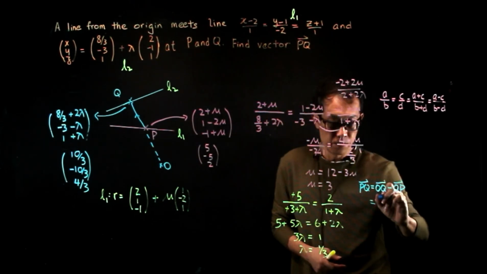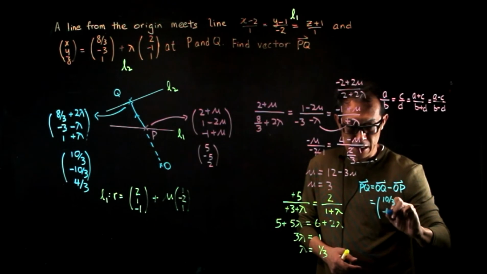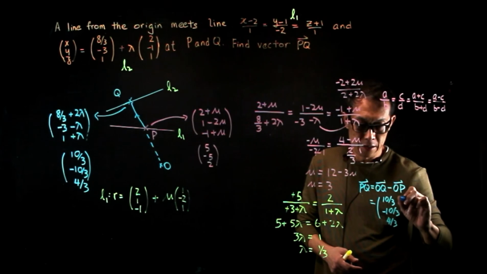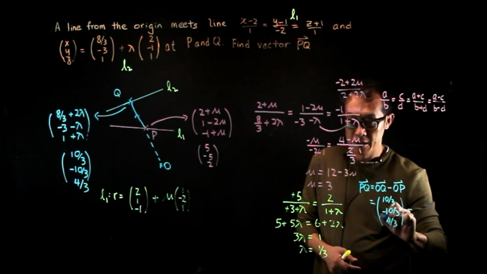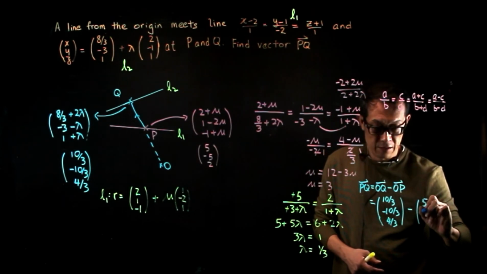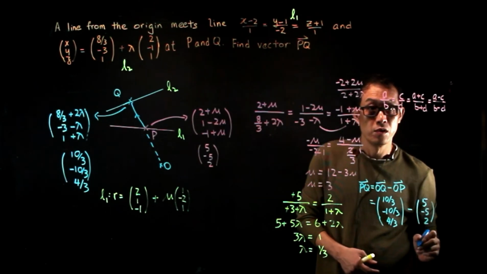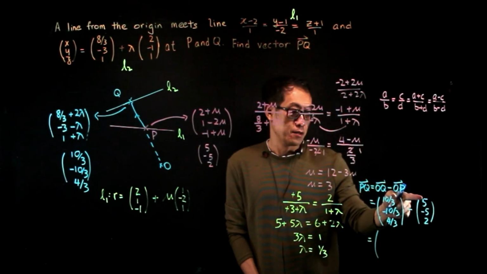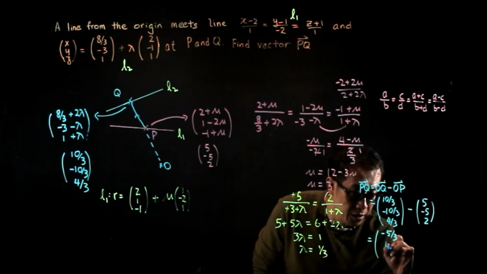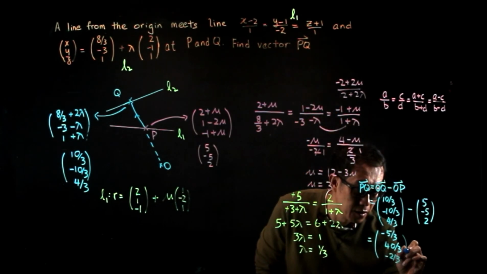So what is OQ? (10 over 3, minus 10 over 3, 4 over 3) minus P is (5, minus 5, 2). So what will you get? Minus 5 over 3, minus 25 over 3, minus 2 over 3. Okay?